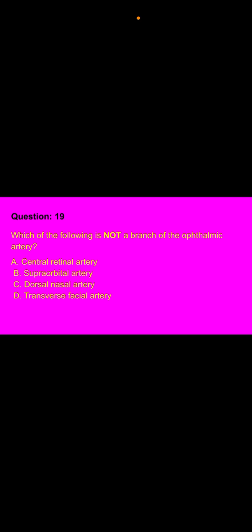Question number 19. Which of the following is not a branch of the ophthalmic artery? A. Central retinal artery, B. Supraorbital artery, C. Dorsal nasal artery, D. Transverse facial artery. Answer is D. Transverse facial artery.